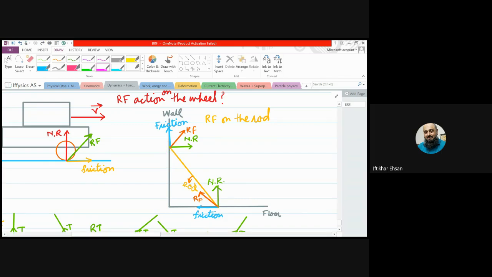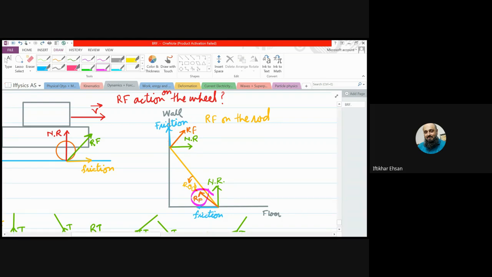The force applied by the wall on the rod will be perpendicular to that. The resultant of these two forces will be somewhere in between, shown by this orange direction. So the resultant force on the lower end is in this direction and on the upper end of the rod in this direction.